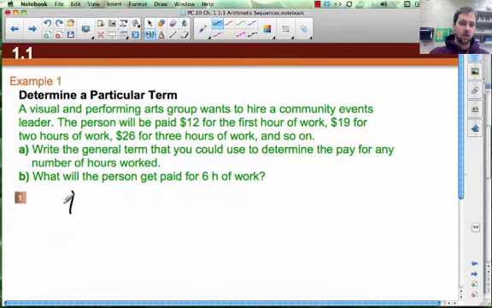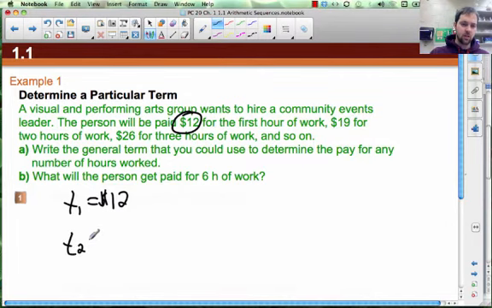Now, we're going to identify a few things here. T1 is $12. That's the first term. 1 hour of work will net that person $12. Now, the next hour, that person is going to make $7 more than the previous hour. Okay?